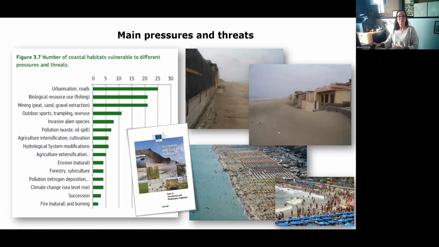And moving now to the third and final part of this talk, about threats, unfortunately, we could mention a large list of threats. The coastal zones of Europe are highly populated, and many large cities have been built in coastal areas. Not surprisingly, urbanization is the most important threat to all coastal habitats.